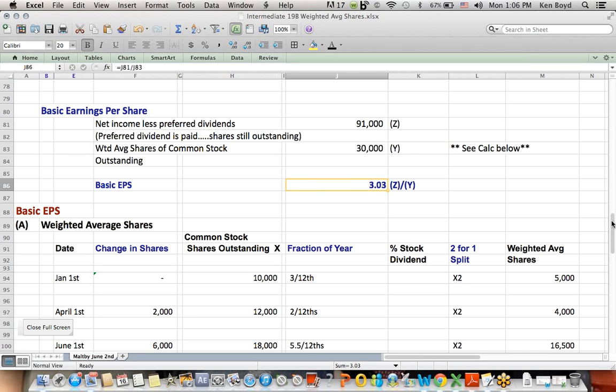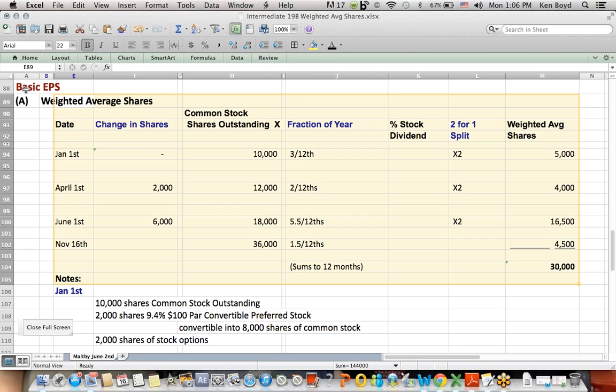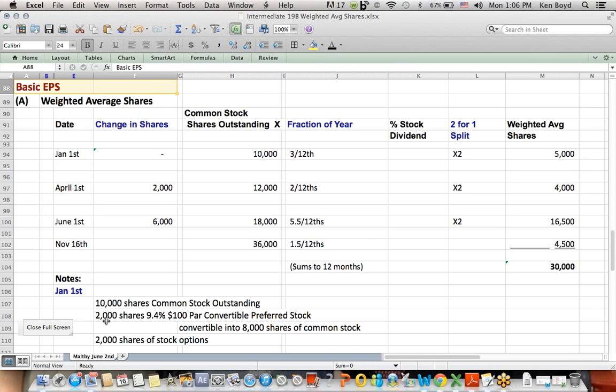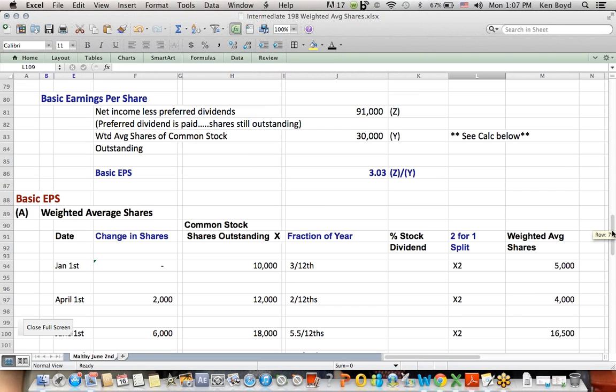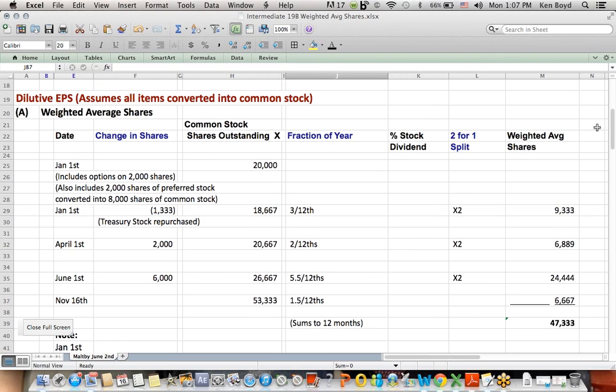What we've done is calculate weighted average shares outstanding for basic earnings per share, assuming that none of the items that could be converted get converted. We use net income less preferred dividends as the numerator and weighted average shares as the denominator, and we get basic earnings per share of $3.03. In the next video, part 2, I will explain how we can calculate diluted earnings per share.